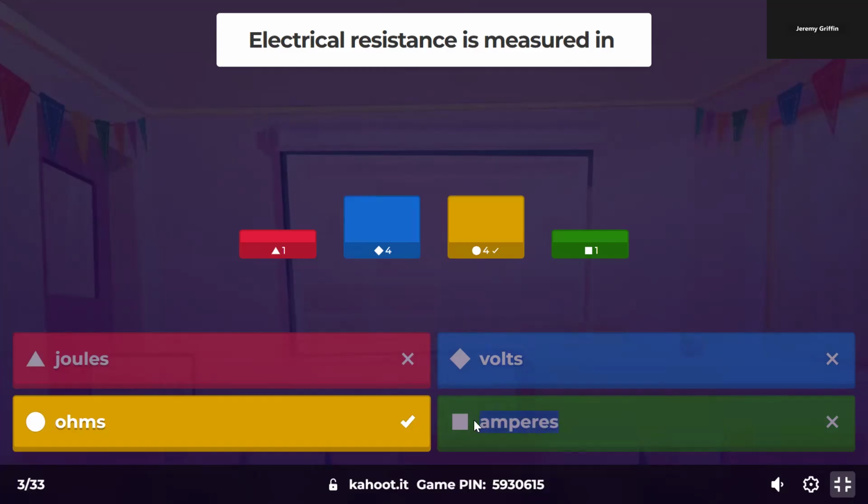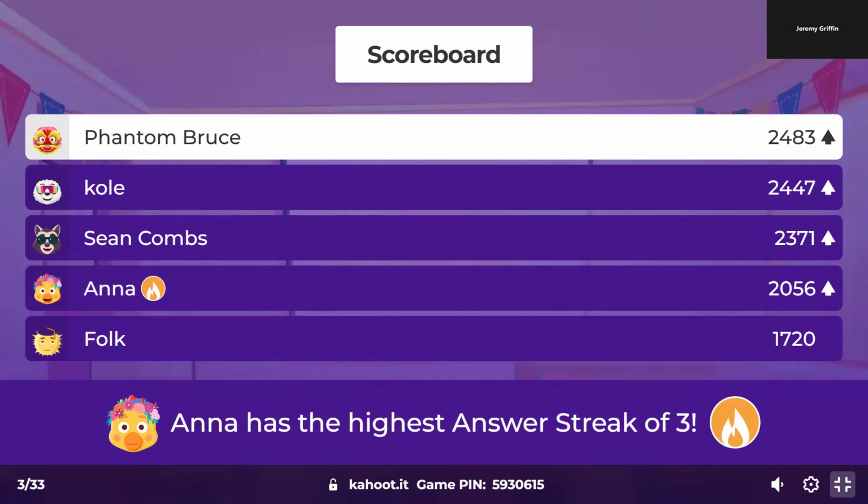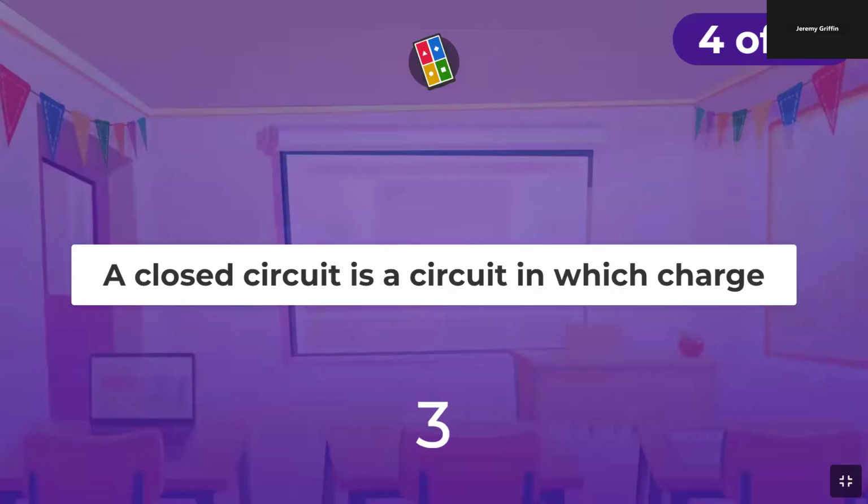What does amperes measure? Oh, electrical current. Yeah, electrical current. And then ohms, of course, is resistance, and that's the answer to this question. So you guys know what each of those measures? All right, get the points. A closed circuit.